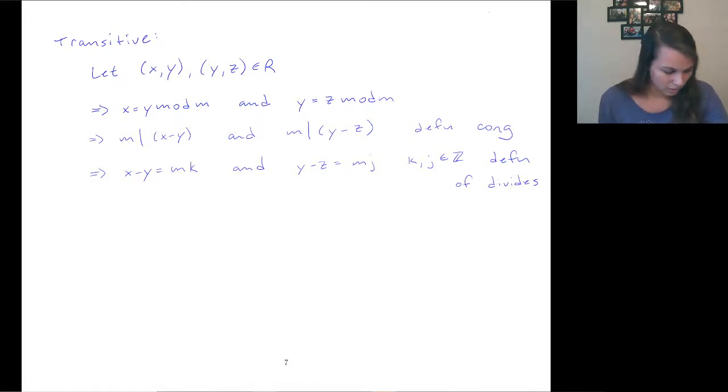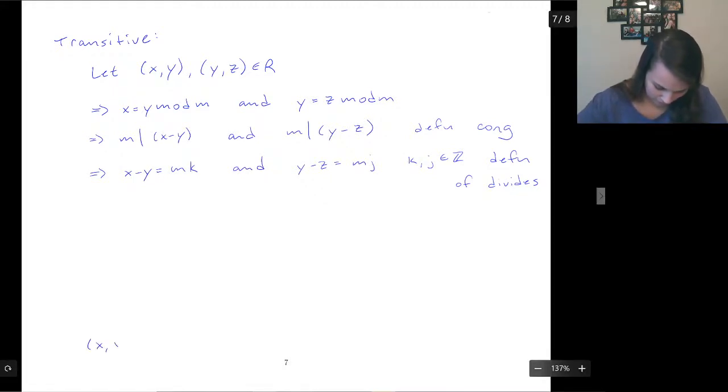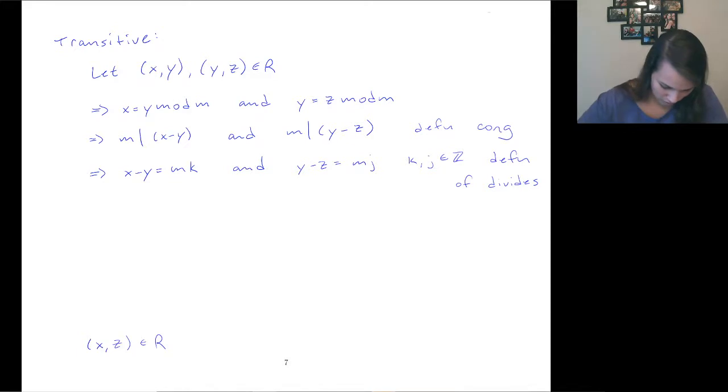Okay. And then what do we want now? This is where I go to the end of the proof and I'm like, what do I want? So I want x comma z to be in R. So then in order to get there, that means I need x to be equal to z mod m.